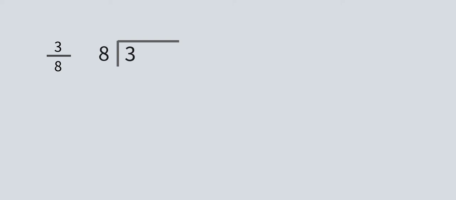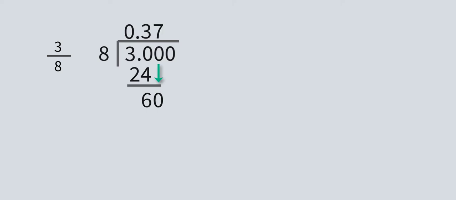So first we look at how many times will 8 go into 30. That would be 3 times. We'll go ahead and put our decimal up here, put a 0 in the front. 8 times 3 is 24. We subtract that, that gives us 6. We bring down another 0. 8 times 7 is 56.